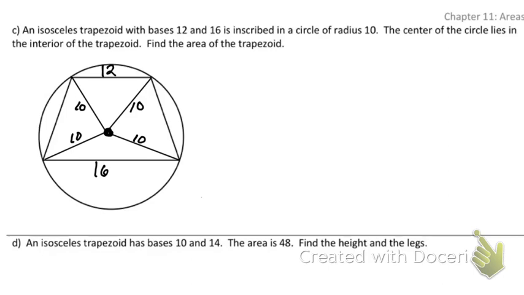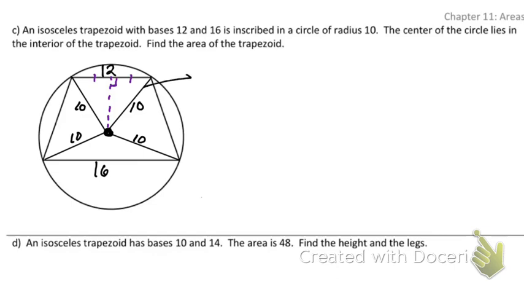Drop an altitude. So let's drop an altitude right here. And here's the good thing about an altitude of an isosceles triangle: it splits the base in half.